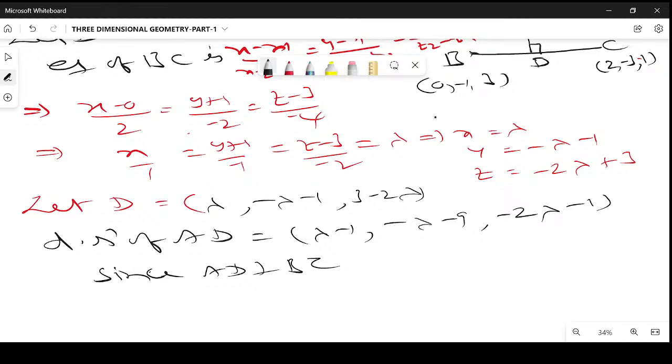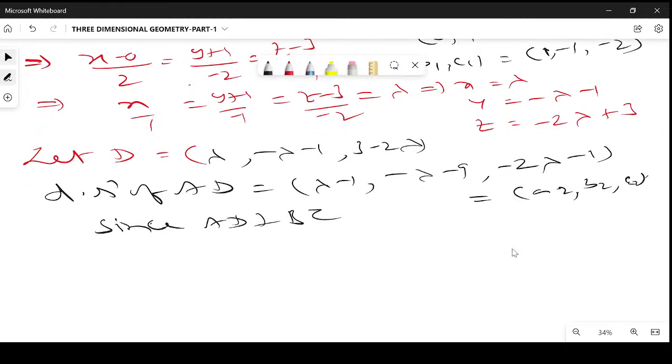If we consider here, I can write a1, b1, c1 is equal to 1, minus 1, minus 2. This is nothing but a2, b2, c2, you can consider. Since AD is perpendicular to BC, a1 a2 plus b1 b2 plus c1 c2 equal to 0.